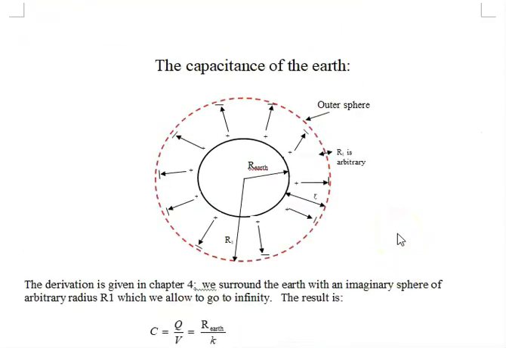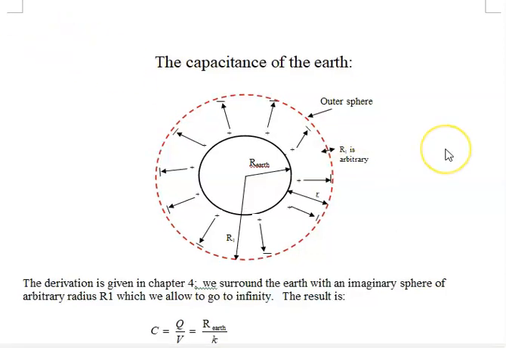Okay, next big subject is the capacitance of the Earth. So here is the structure for finding the capacitance of the Earth. There are two spheres. There's an inner sphere and an outer sphere. The inner sphere is the radius of the Earth. That's pretty big. It's about 6 kilometers or so.